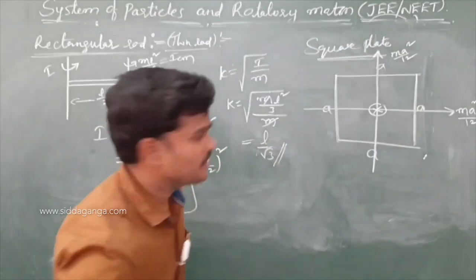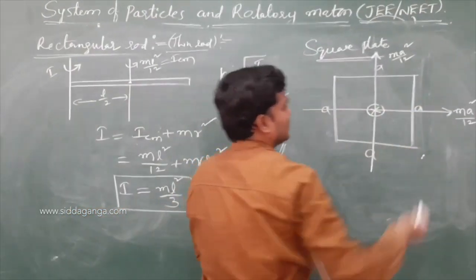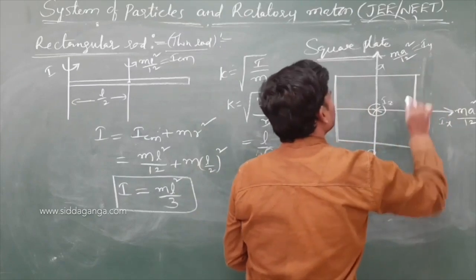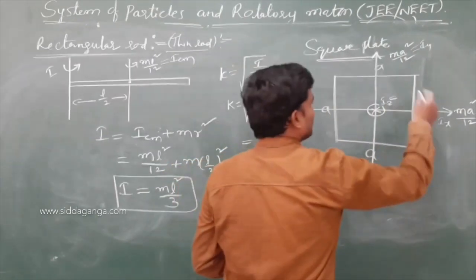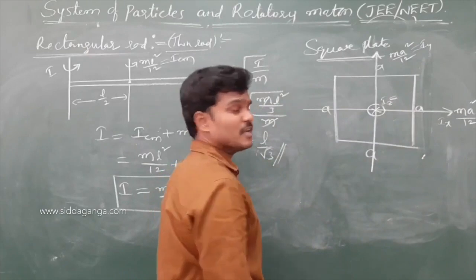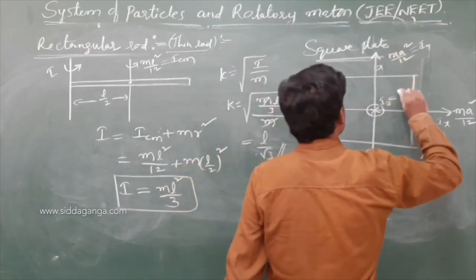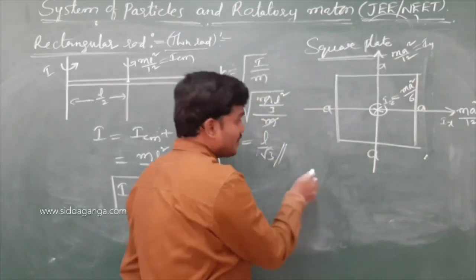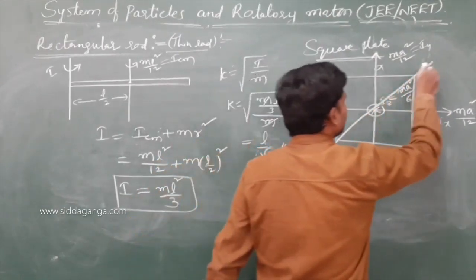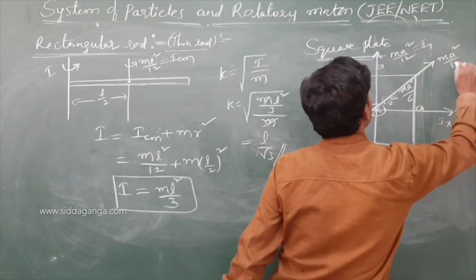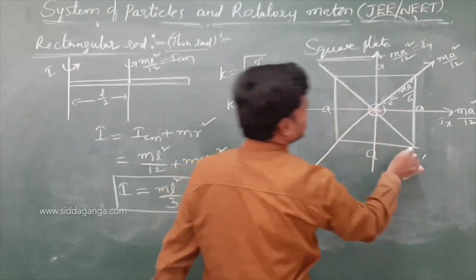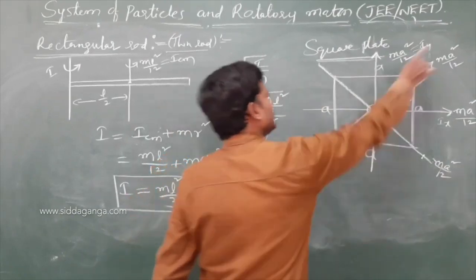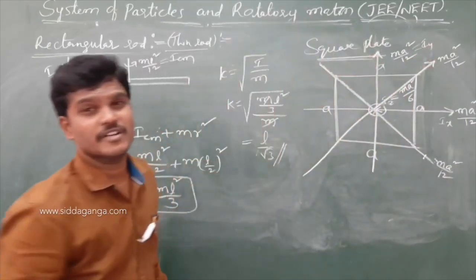If this is Ix and this is Iy, use the perpendicular axis theorem. Iz is m a square by 12 plus m a square by 12, 2 m a square by 12, m a square by 6. About this, due to symmetry, the same, m a square by 12. About any axis passing through center it is m a square by 12.